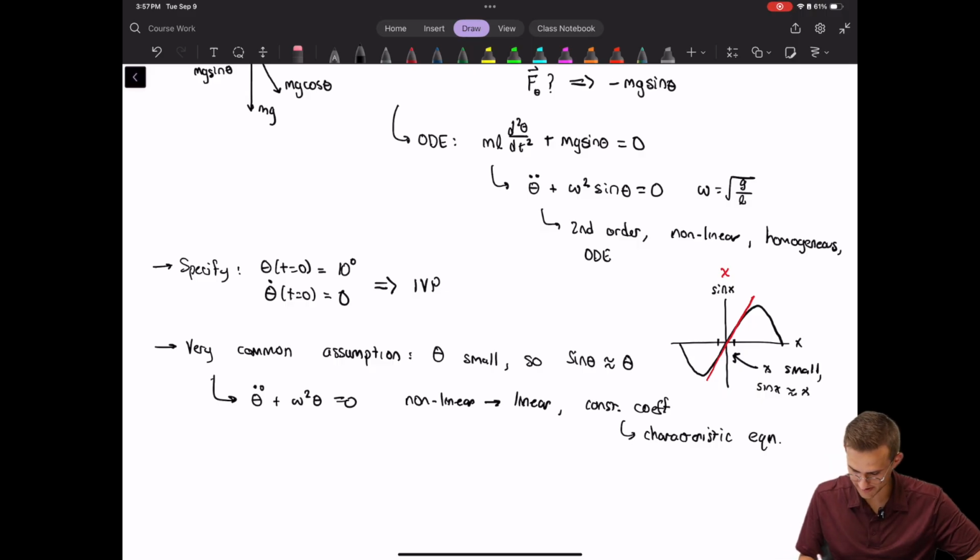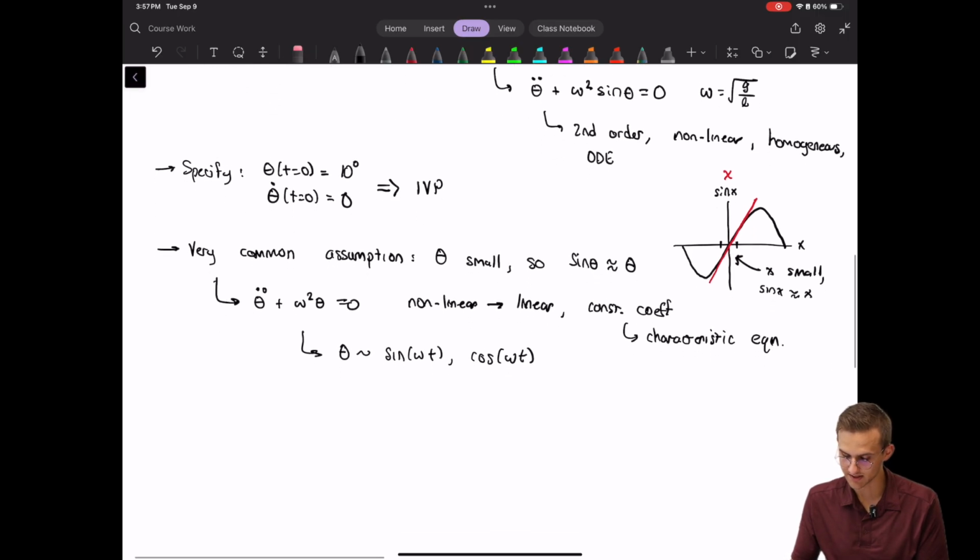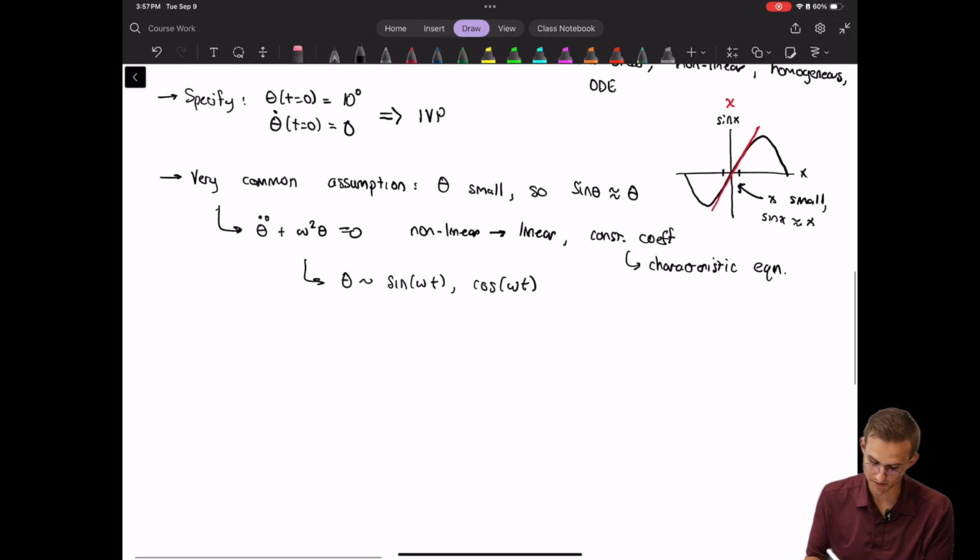We won't go through the details, but what you're going to end up with is theta is going to be some sort of sine of omega t and cosine of omega t. It's just going to be a sine and cosine with a frequency omega. I encourage you to go through and actually do that, but in the interest of time, we'll leave that to you, since it's such a simple application of the characteristic equation.